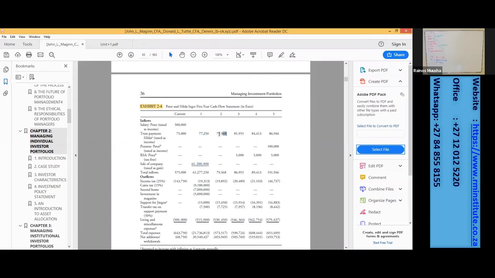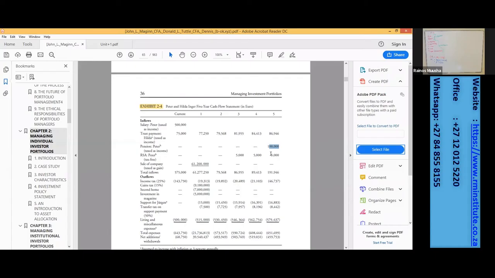And in year 2 on 79,568. In year 3 on 81,955. In year 4 on 84,514. And in year 5 on 86,954 plus 100,000.